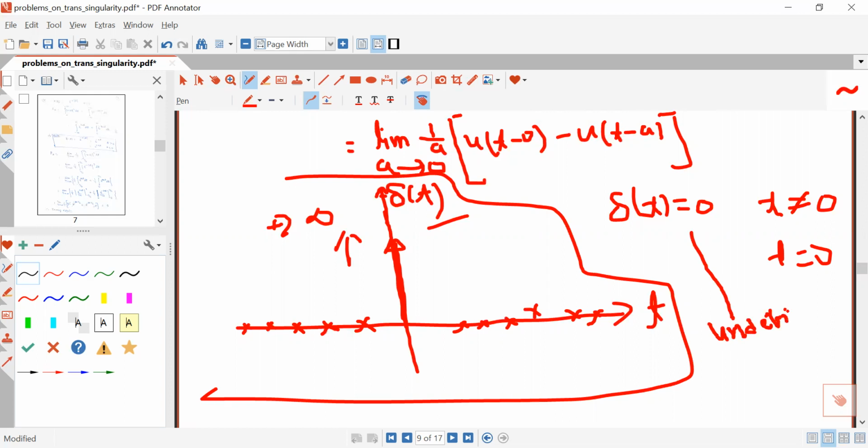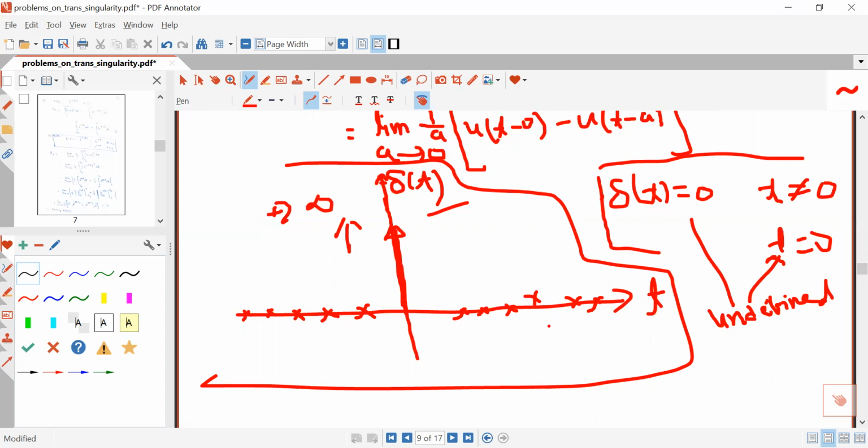So this is the mathematical representation of the impulse signal. You can say the impulse signal is a rectangular pulse of zero width and infinite amplitude, or the signal whose magnitude is zero everywhere for any value of t except at t equal to 0, and at t equal to 0 its amplitude is not defined because it is tending toward infinity. Such a signal is called an impulse signal.